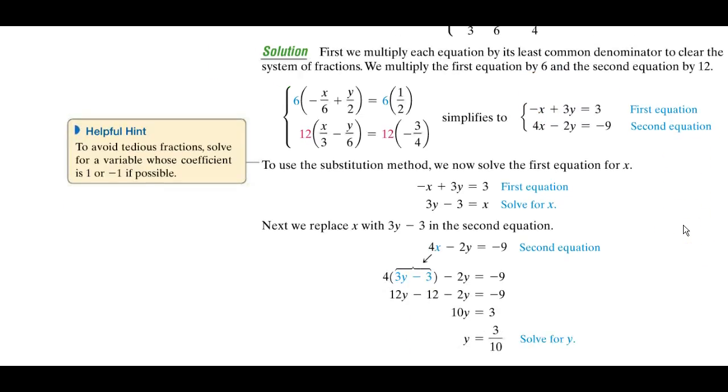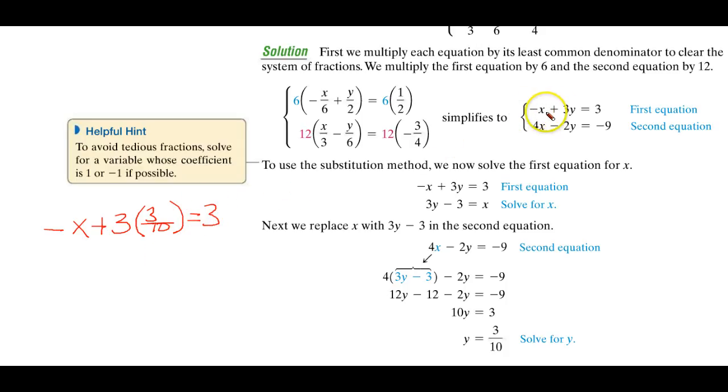Now, once you've done that, multiplied through, you get y equals 3/10. Now, you don't have to use the original fraction form. Let me just do this one. It'll be negative x plus 3 times y, we said, is 3/10, equals 3.